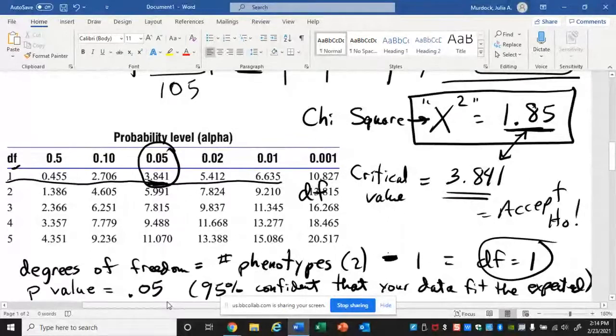That means that the difference between your observed and expected was small enough that it didn't overflow the critical value. You can kind of think of it that way: there's only about a 3.841 value of wiggle room that you're allowed. And if you calculated like 4.2 instead of 1.85, then you would have had to say, no, the difference between observed and expected was too large, and we have to reject the null hypothesis.